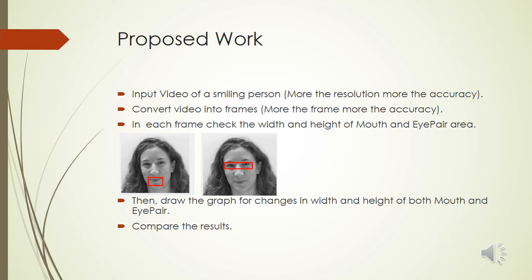In each frame, I will check the width and height of the mouth and eye pair area. As you can see, the little red rectangles represent the width and height of the mouth and eyes. Then I will draw a graph according to the changes in height and width of both mouth and eye, and finally I will compare the results.